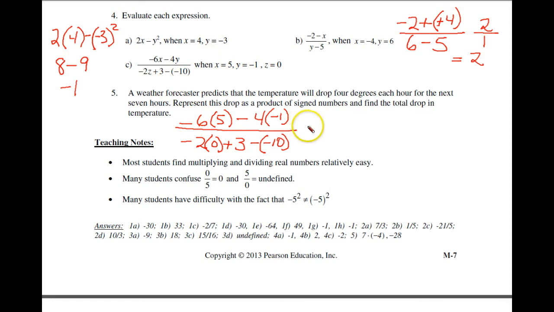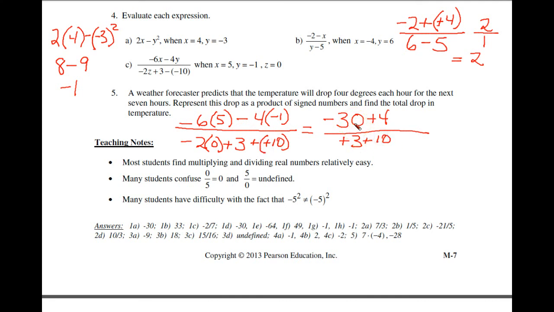So here, this will become a -30. This is a -30. A negative times a negative makes this a positive. And then anything times 0 is 0. So this kind of disappears. This is going to be a +3 here. And the opposite of a negative is a positive.